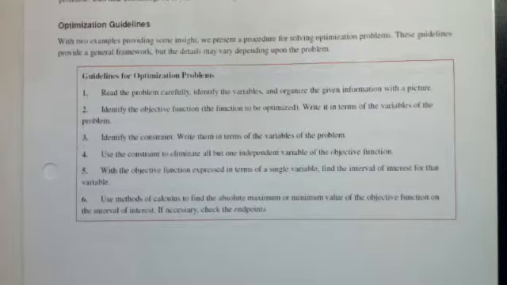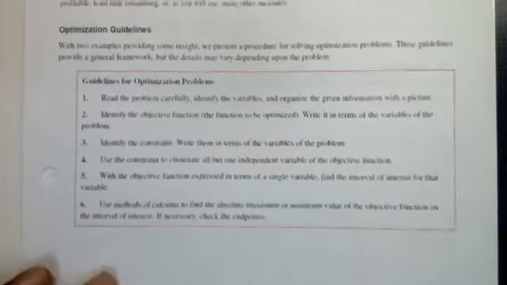With that objective function expressed in terms of a single variable, you're going to find the interval of interest for that variable. And then finally, you use methods of calculus to find the absolute maximum or minimum value of the objective function on the interval of interest. And you might have to check the endpoints if necessary. Okay, in this video, I have like 5 examples.